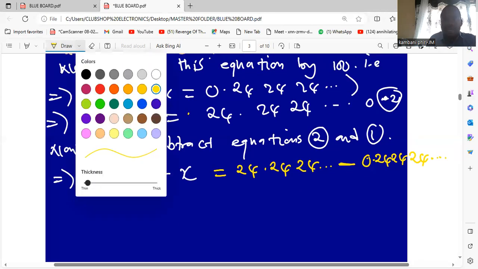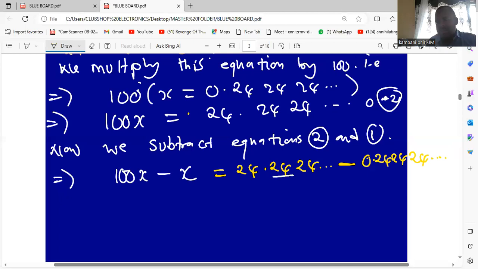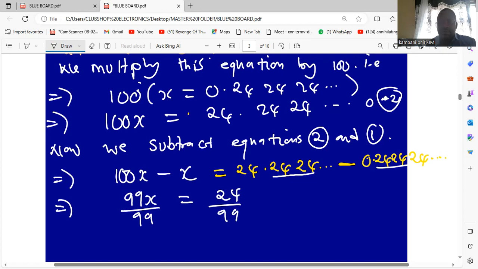Now, like we said, because after the point these are exactly the same, once you subtract them, they'll give you 0. Therefore you subtract 24 and 0. This will give us what? 99x is equal to 24. We divide throughout by 99. x becomes 24 divided by 99.